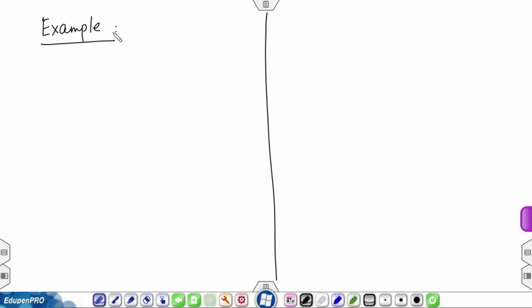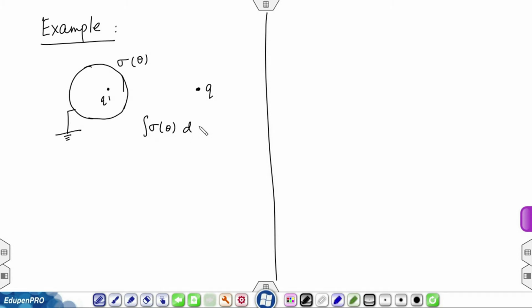The example is, recall when we had a grounded sphere and we had a charge q in front. There was some charge induced here, q prime, and that actually represented the sigma theta, such that the integral of sigma theta dS was equal to q prime.